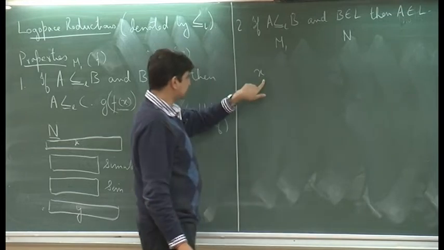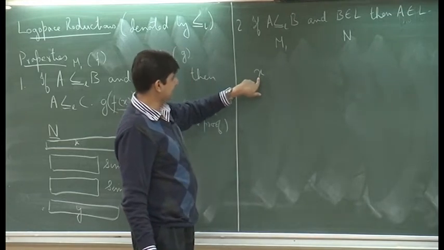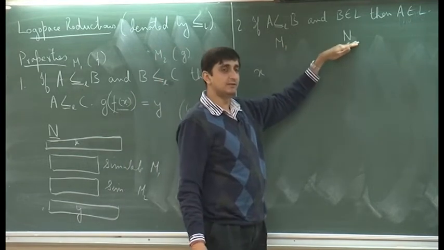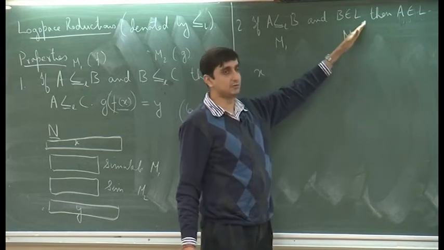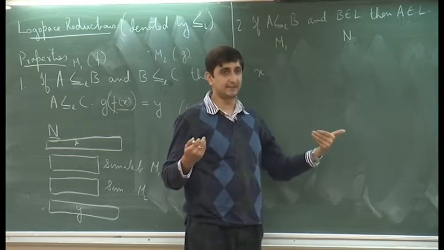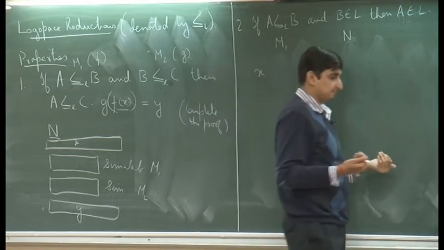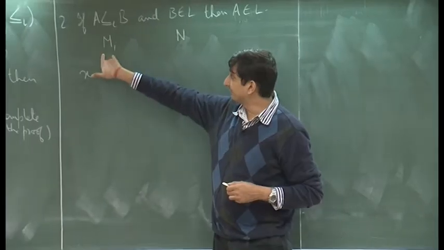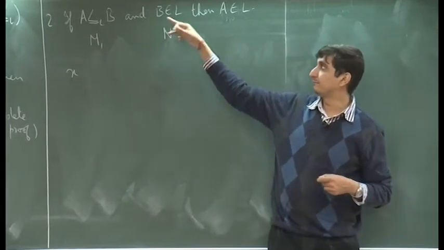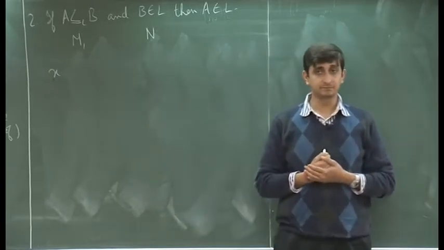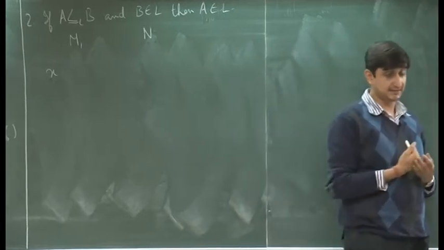First we reduce x to an instance of B and then use this machine to check whether that instance belongs to L or not. Again we have to be careful, because when we are reducing, we do not want to write out the entire thing, because we do not have sufficient space for that. So, we will run this machine M1 as and when we need a bit of an instance of B. That is basically the same idea.